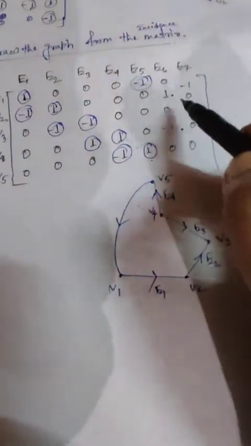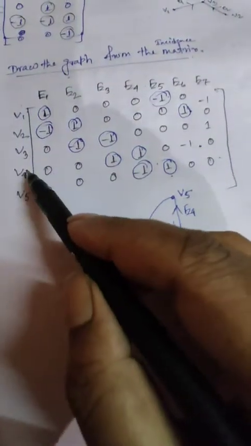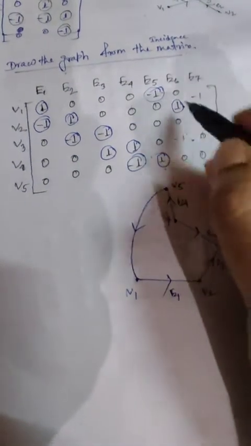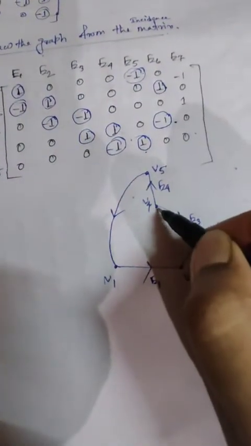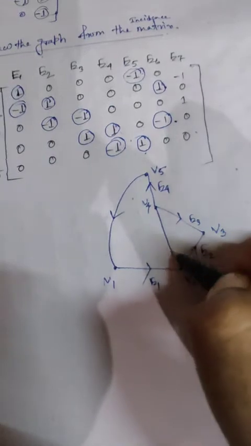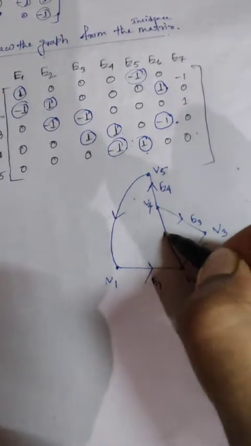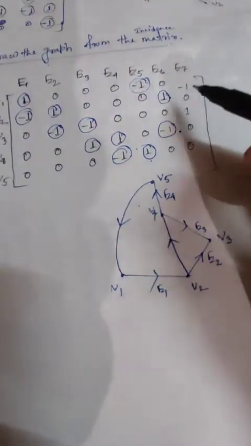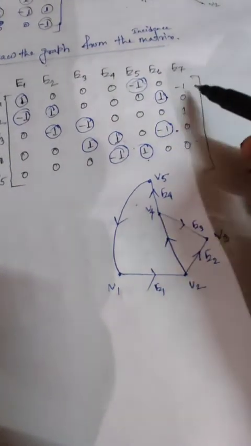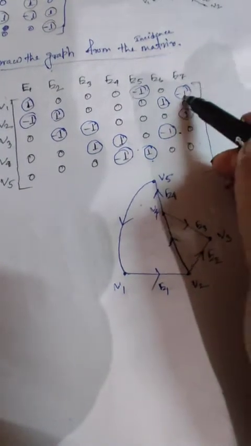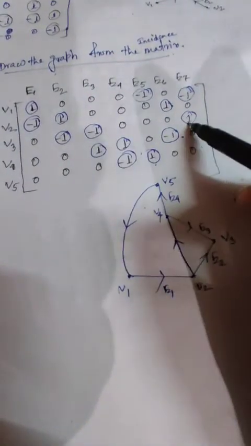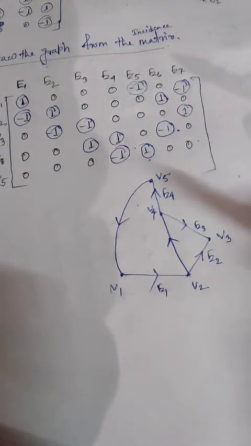And next E6 is incident out at V2 and incident in at V4. That means V2 and V4 will be connected like this. And at last E7, that is V1 and V3, where V1 is incident in and V3 is incident out with the edge E7.